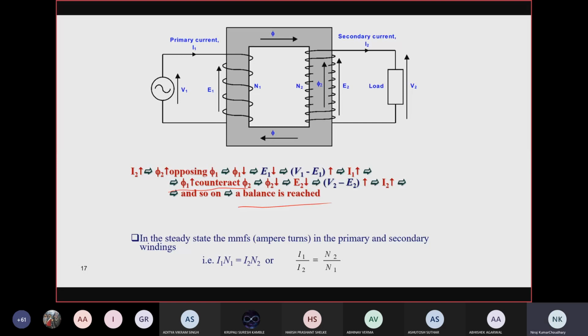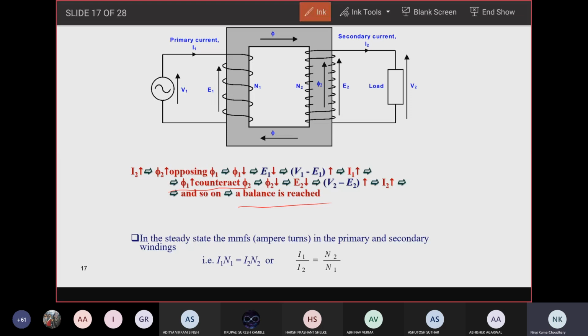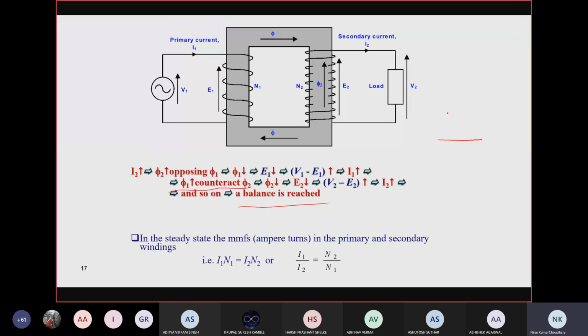Again, start from the basics: flux phi is common to both the circuits. Since phi is common to both the circuits, take the flux phi on the reference axis.